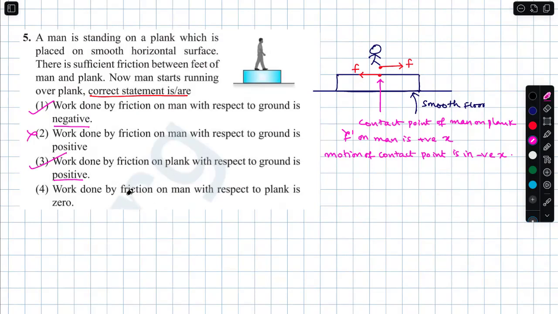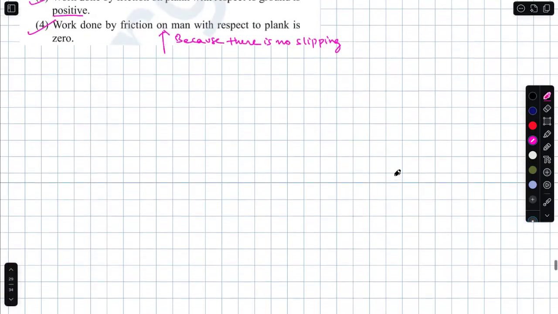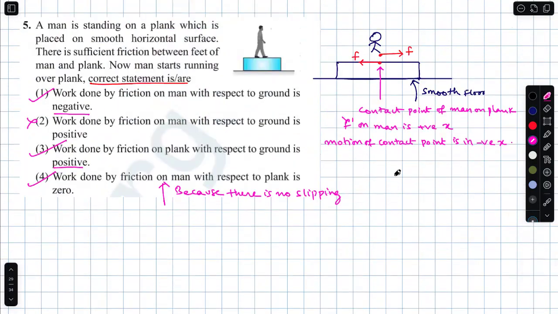Because there is no slipping. Because there is no slipping, work done by friction on man with respect to plank is 0, because with respect to me, the contact point is not moving at all. Is this clear?